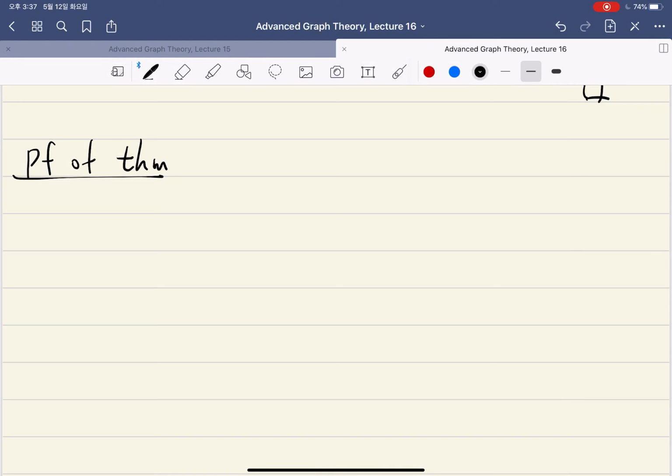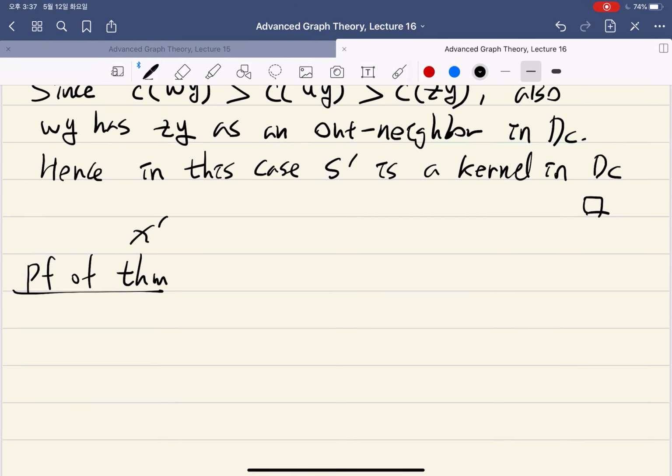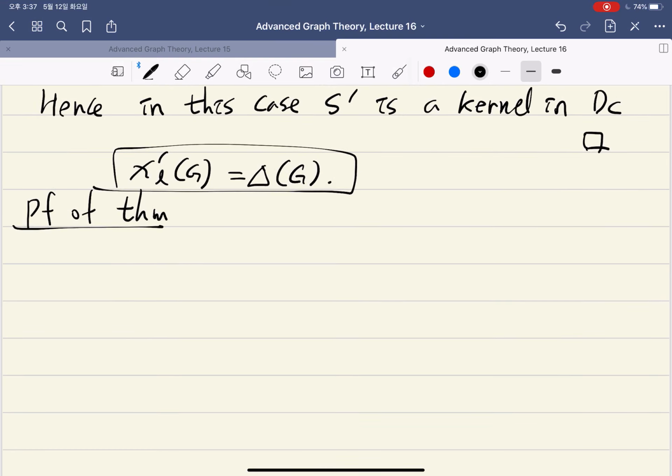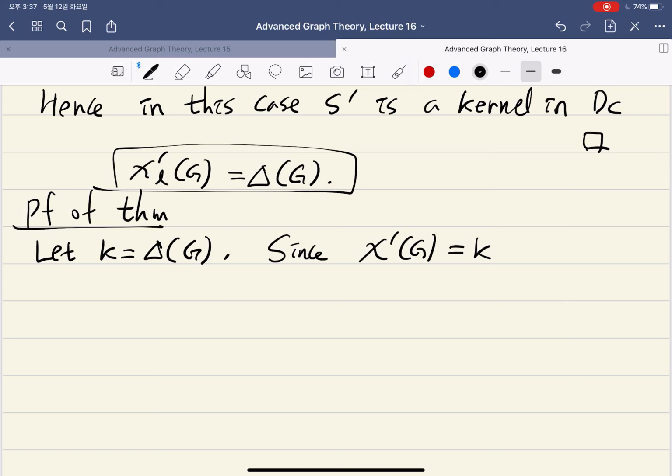So we want to prove that for a given bipartite graph, which might have multiple edges, its edge chromatic number is the maximum degree. So let K be the maximum degree of the given graph G. We know that its edge chromatic number is the same as the maximum degree.